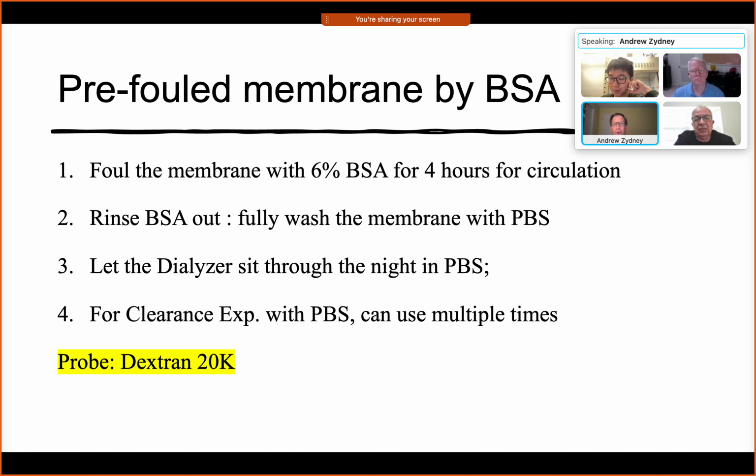The reason that you work with these anisotropic membranes is that they have much higher ultrafiltration coefficients, because the resistance is determined primarily by that selective layer, and it's much thinner in an anisotropic or asymmetric membrane.